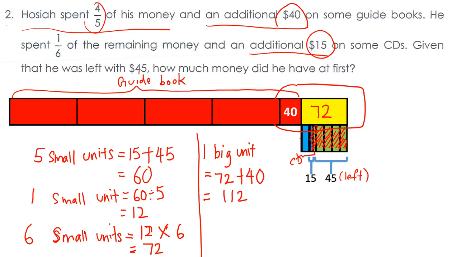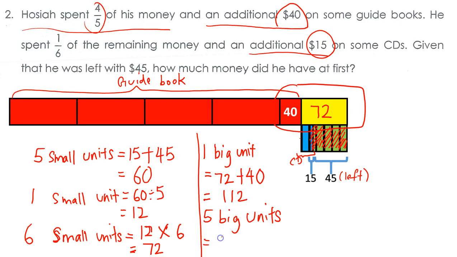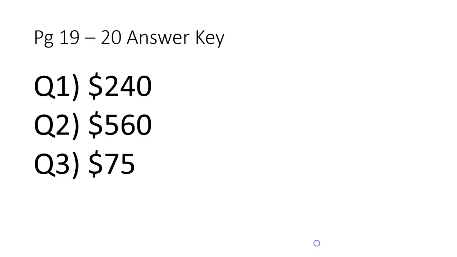Now it becomes a lot easier, right? How much money did he have at first? You know that there's a total of 5 big units. So by solving how much the 5 big units are, you have been able to solve the entire question already, which is 112 times 5. This would give you your answer.